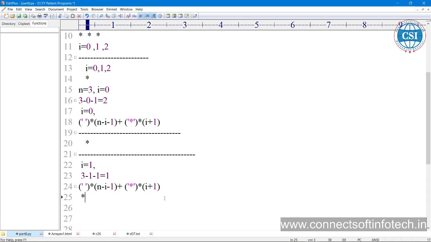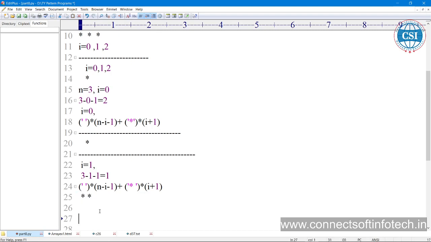Here we get 2 asterisks, because with concatenation i is equal to 1, 1 plus 1 is 2. 2 times this asterisk gets printed. So one space is required, so that we are going to print.